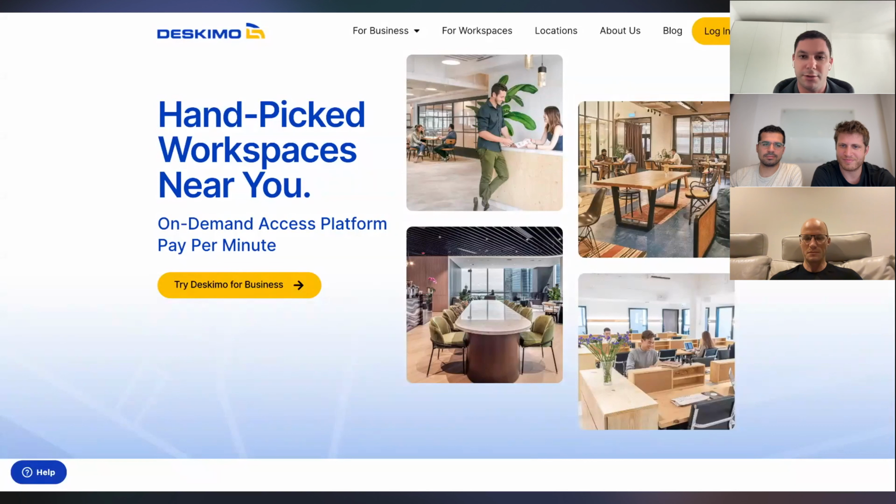They create a business account in 2 minutes, and all the employees get access to all the Deskimo workspaces, with a company account and a company credit card, and they can work from anywhere. They get a consolidated invoice at the end of the month, and we manage everything for them. Ideally, it should be a very simple onboarding process. They come to the website, understand quickly what it's about, and start using it very quickly with all the employees.